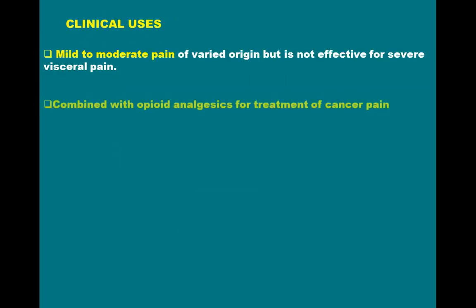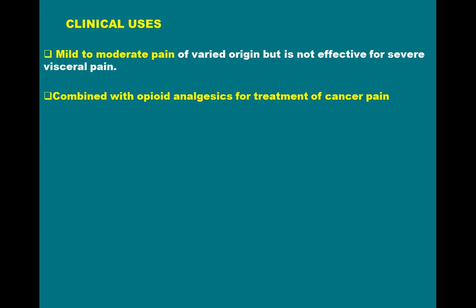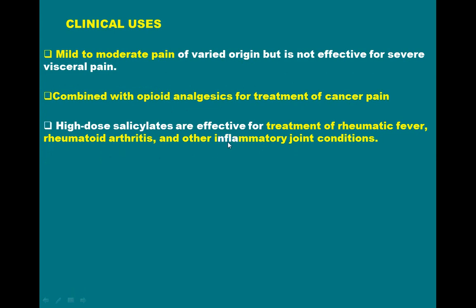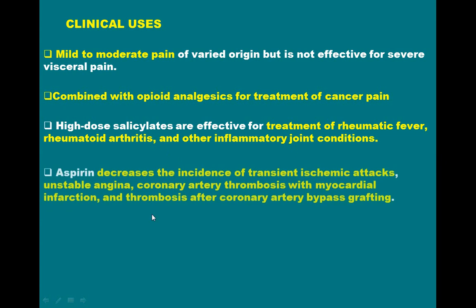What about the indications or clinical uses of aspirin? Aspirin is used in mild to moderate pain. Second, combined with opiate analgesics for treatment of cancer pain. High-dose salicylates are effective for treatment of rheumatic fever, rheumatoid arthritis, and other inflammatory joint conditions.